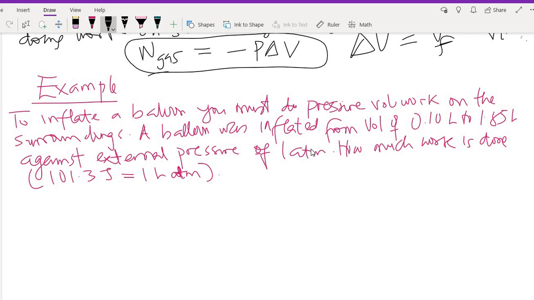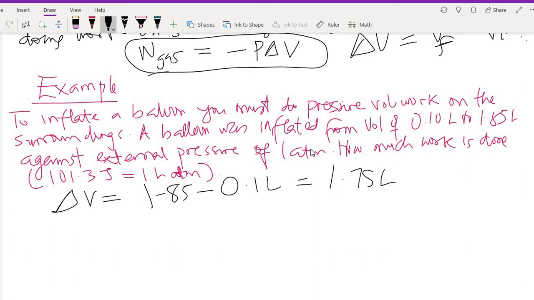Because we have a volume change from 0.1 to 1.85, this tells us that this is going to be expansion work. So our dV, change in volume, becomes 1.85 minus 0.1 liter, which gives us 1.75 liters.